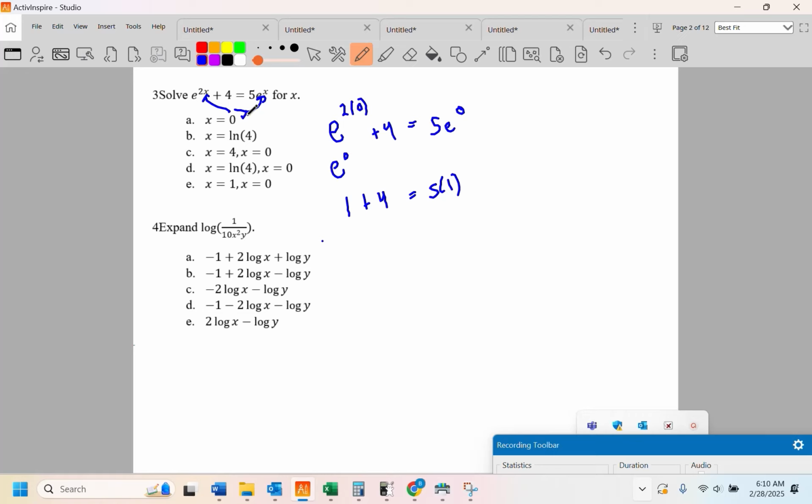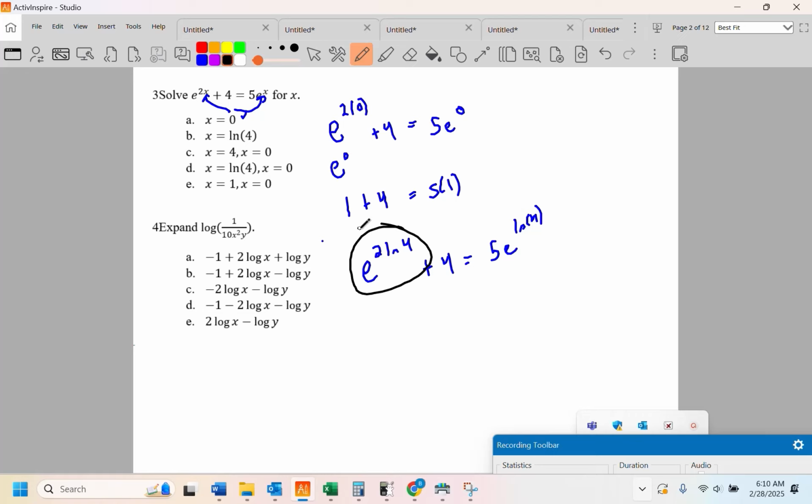The other answer happens to be the natural log of 4. e to the 2 ln of 4 plus 4 equals 5e to the ln of 4. Now, this is a property that is going to make a lot of y'all struggle.